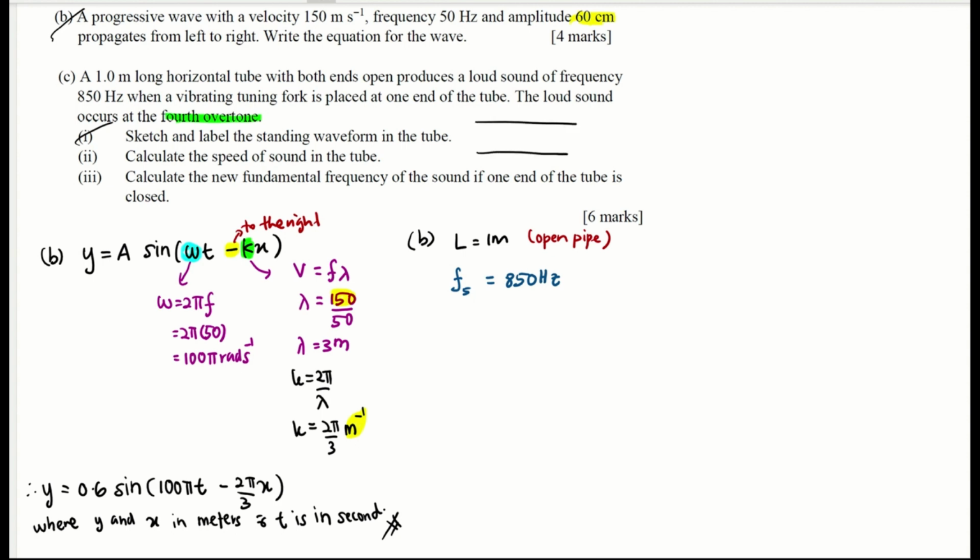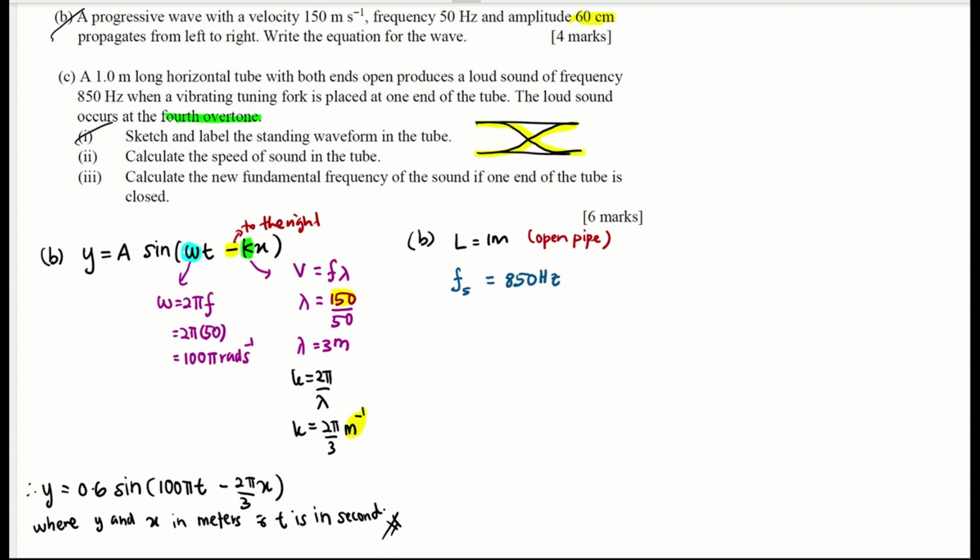Untuk open pipe, the fundamental pattern untuk fundamental frequency, the pattern of the standing wave, saya selalu ingatkan dia adalah X shape. Macam tu. Sekejap macam tu. 1, 2. X shape. This is fundamental pattern.